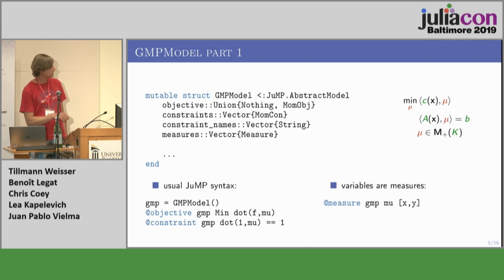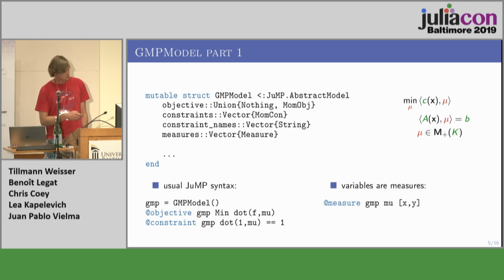Same for constraints. What is a little bit different for now is that I don't have an add variable, but I have an add measure, which looks like that. I would add a measure to my model with the name mu and say that this measure is acting on the variables x and y, for example.